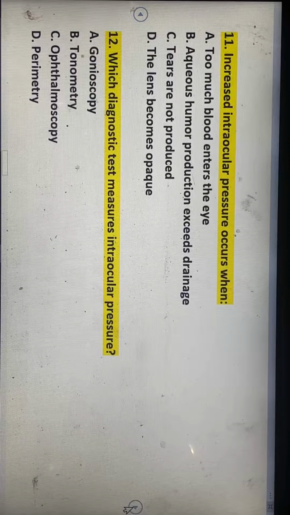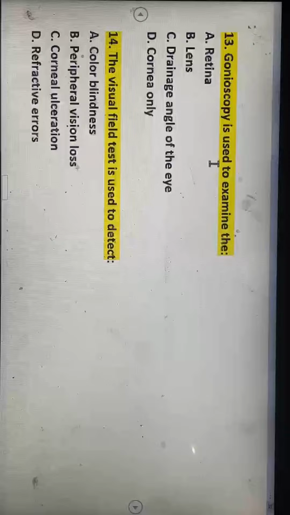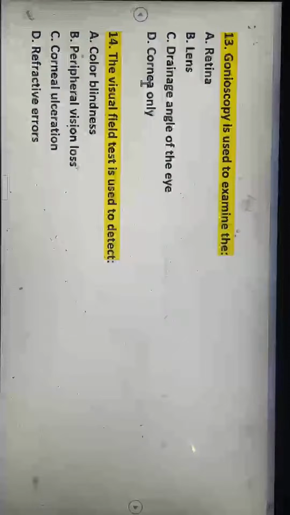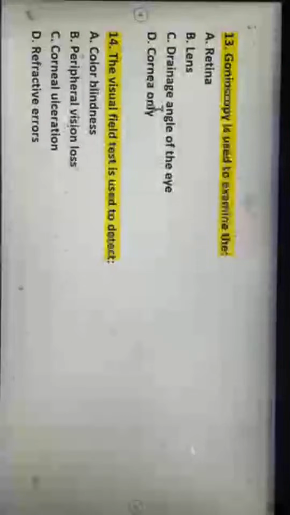Okay, having said that, now what is this gonioscopy? Number 13, gonioscopy is used to examine the A, retina, B, lens, C, drainage angle of the eye, and D, cornea only.